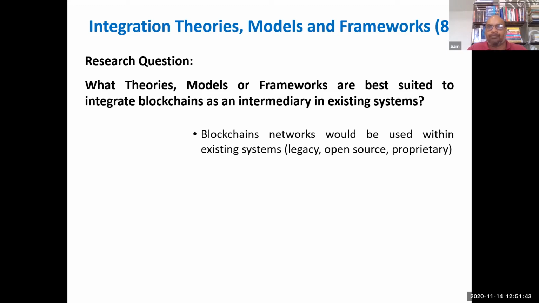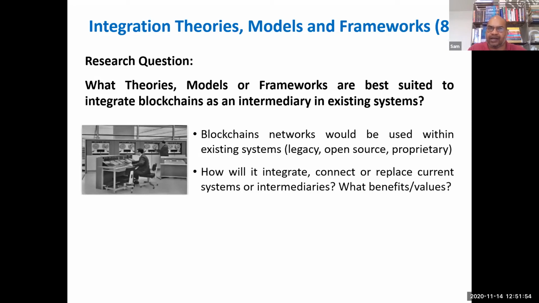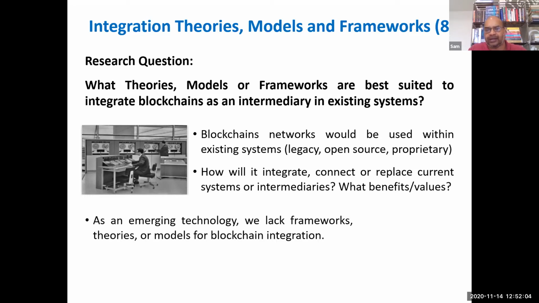So what can we use as a middleware that will integrate these existing systems with blockchain networks? Blockchain networks have a completely different underlying technology and completely different underlying concepts. So what is the middleware? How can we integrate them? What are the intermediaries or systems that we can use?